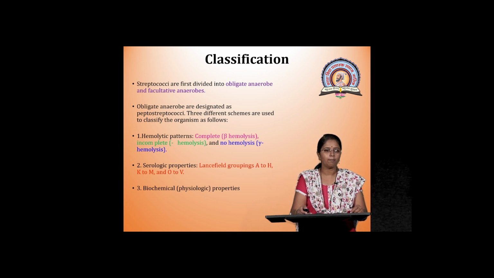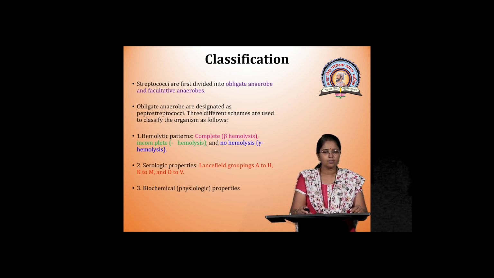Regarding the hemolytic pattern, the streptococci showing a complete zone of hemolysis are known as beta hemolytic, and the ones which do not cause hemolysis show no hemolysis, or gamma hemolysis. Based on this, the streptococci are classified as hemolytic streptococci and non-hemolytic streptococci.